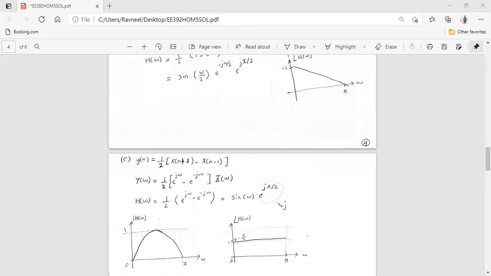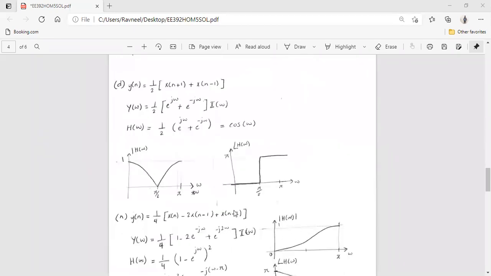If you draw it between 0 till pi or 0 till 180 degrees, you'll be getting a resulting shape of this for the magnitude response, right? While the phase response is constant at pi upon 2, regardless of whatever the omega value is, right? The phase is not dependent on omega, so it is a straight line, pi upon 2.